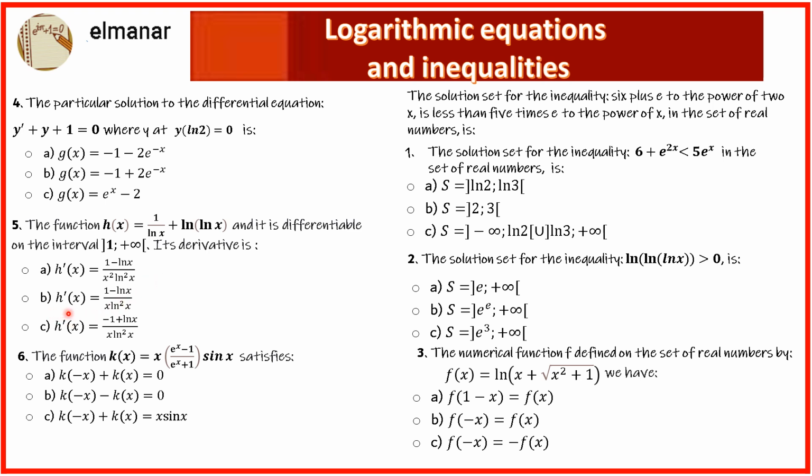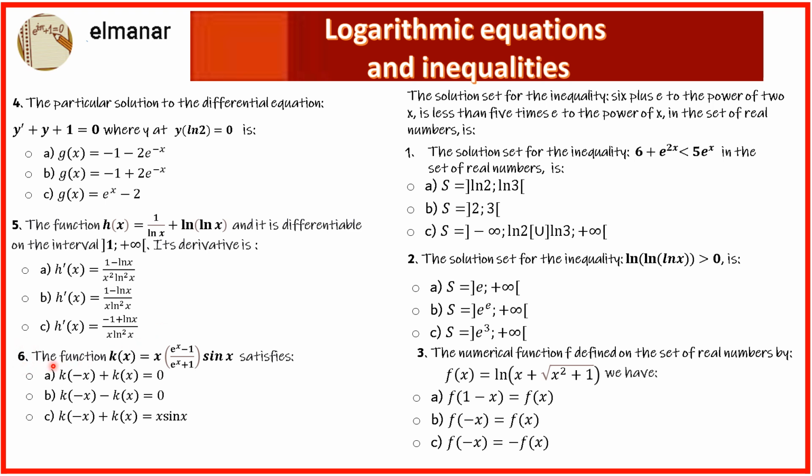B. h prime of x equals 1 minus the natural logarithm of x, all divided by x times the natural logarithm squared of x. C. h prime of x equals negative 1 plus the natural logarithm of x, all divided by x times the natural logarithm squared of x.